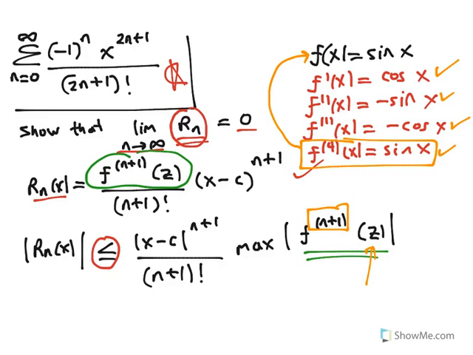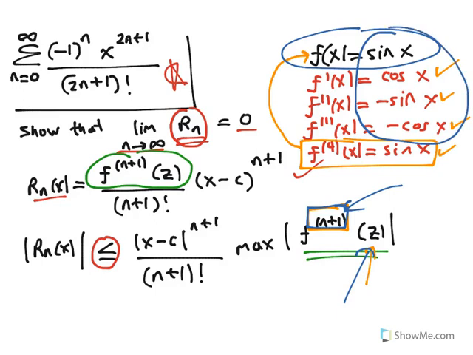But we do have something to work with, because we know that the n plus 1th derivative of our function f of x, for any n, for any z, can be no greater than 1. Because whatever order of derivative you have of the function f, it will be one of these four functions.